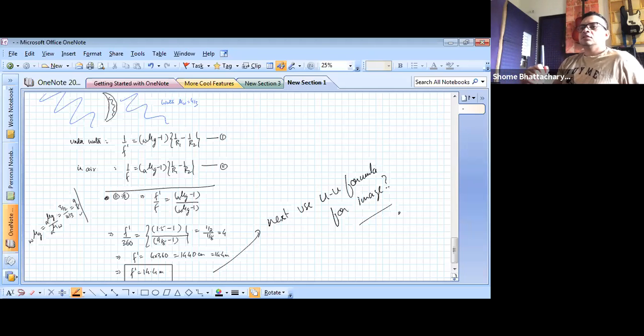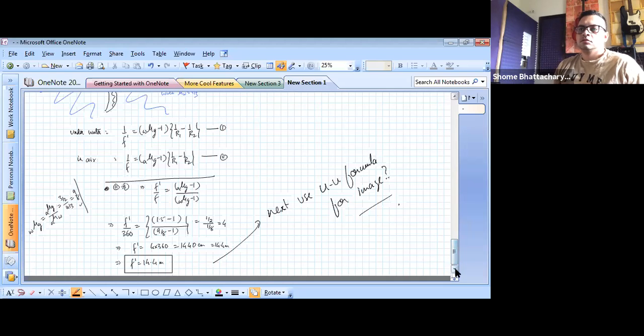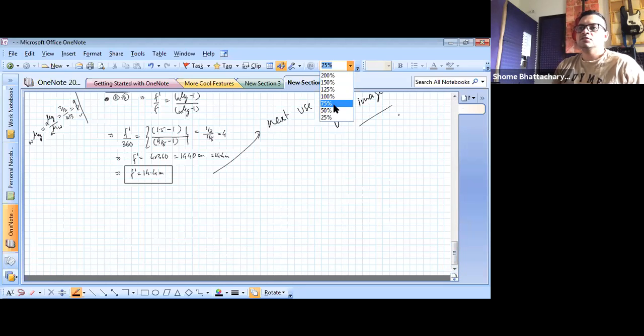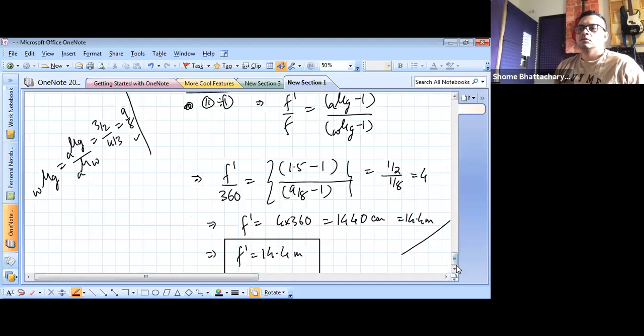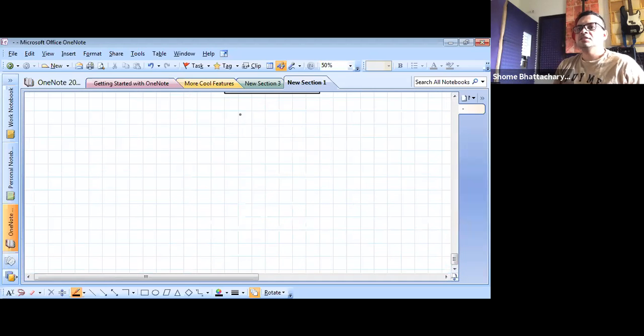All right, so this is done now. So let's use the lens formula next. What is happening is that underwater only, we are keeping a point object at a distance of 90 centimeters on the principal axis.